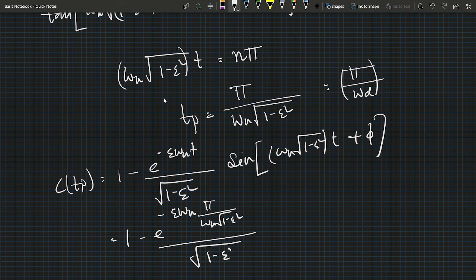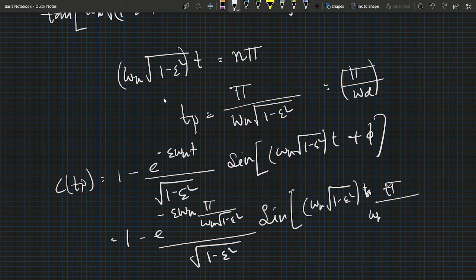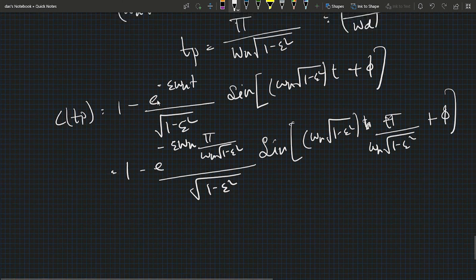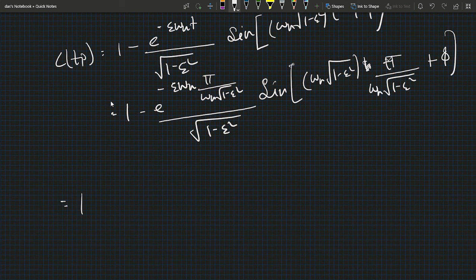In the sine part, t equals Tp, so we put pi divided by omega n root 1 minus zeta square plus phi. Breaking these two parts, we write 1 minus e to the power minus zeta pi divided by root 1 minus zeta square, divided by root 1 minus zeta square.